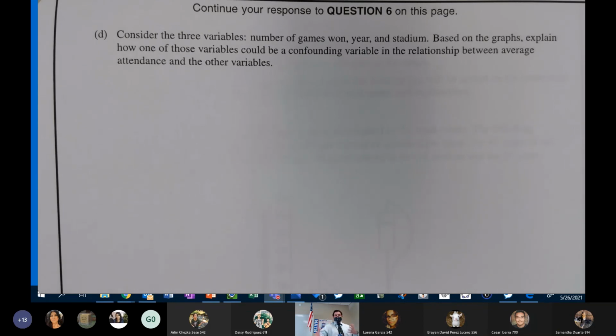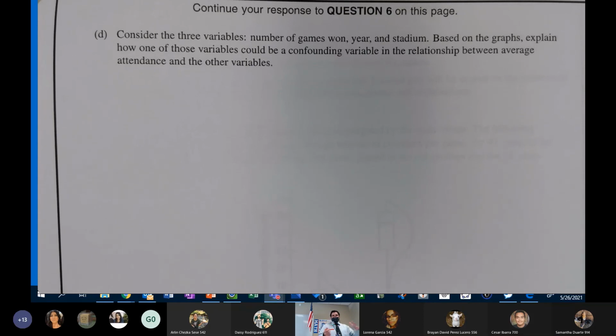And then versus old and new stadium, right? When they switch to the new stadium, they may have won more games because the players were more motivated to be in a new stadium, right? And the new stadium might not be the cause of the attendance. It might be because of the wins. So the wins, games won, is essentially the confounding variable in this case, because it kind of worms its way into affecting the data for both other cases.